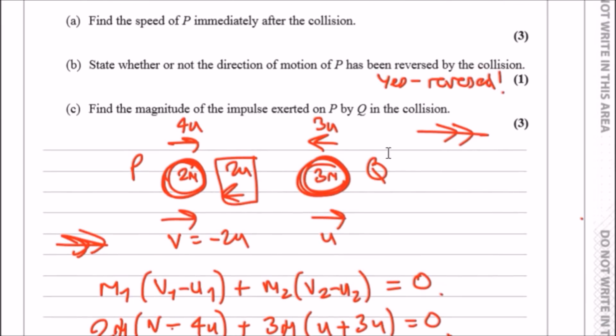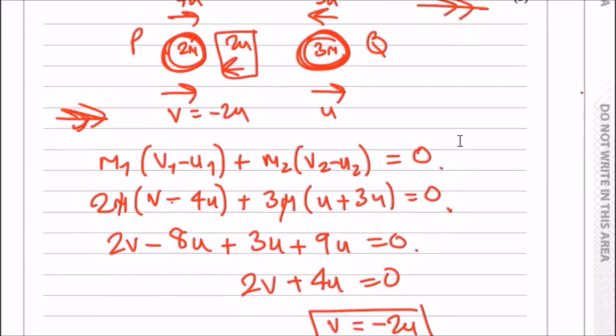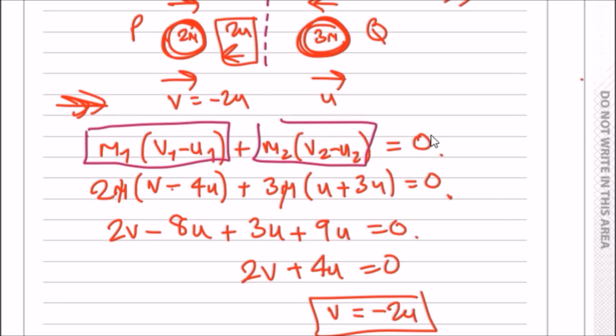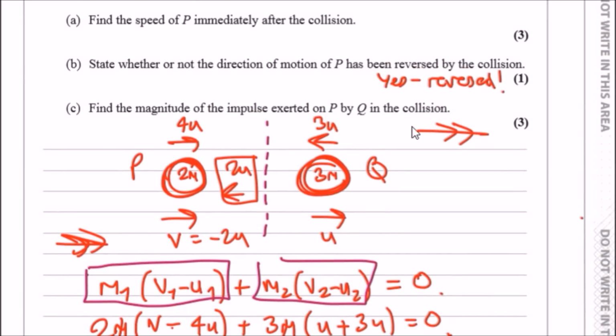Find the magnitude of the impulse exerted on P by Q in a collision. Well, the reason why I like this formula as well is because once you present it like this, the entire formula is actually an impulse. They're both impulses. If you imagine a dotted line across here, the general idea is that the impulse acts like a reaction against the collision.